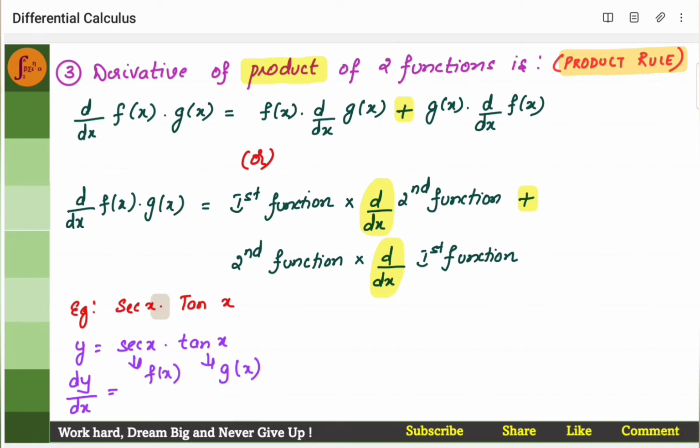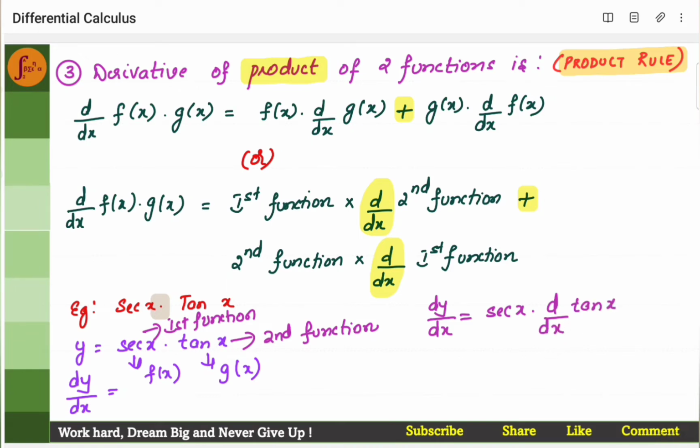First function and second function, or I'll say this is first function and this is second function. So I'll write dy by dx is equal to first function, which is secant x, into derivative of second function, which is tan x, plus second function, which is tan x, into derivative of first function.